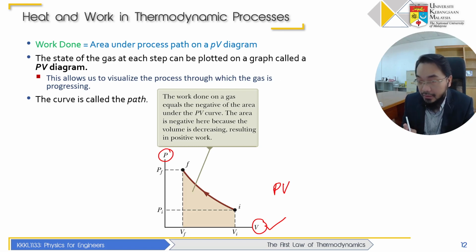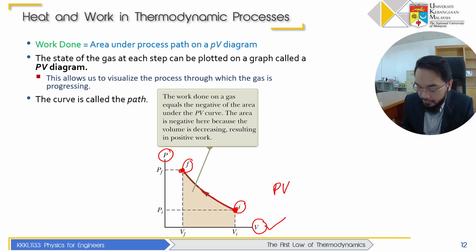So in this particular graph, you need to identify a few things. One is the initial state. Secondly is the final state. The initial state is denoted by I, and the final state is denoted by F. So in a process, we need to know the initial state, the final state, and the third thing we need to know is the path. The path is this red line.